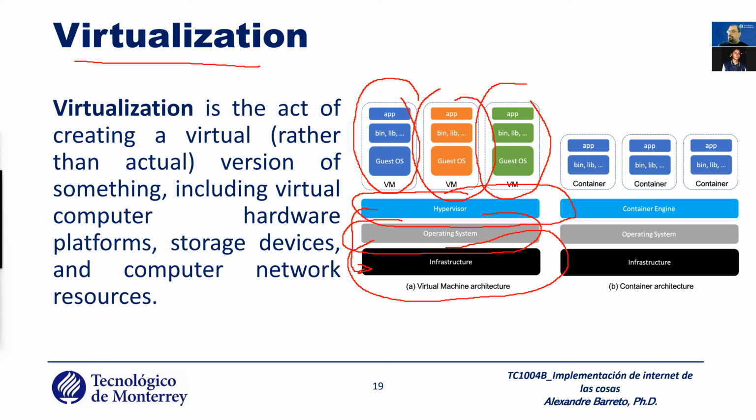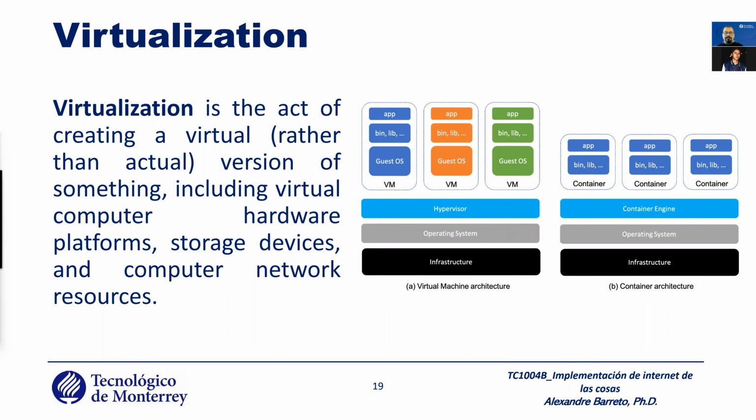Why is this technology so important? Because in the data center, when you move your data center to the cloud, you can't have one physical server for each client. It doesn't work. What happens now is a little different. You have a big hardware in the data center, and you sell, for example, small machines.